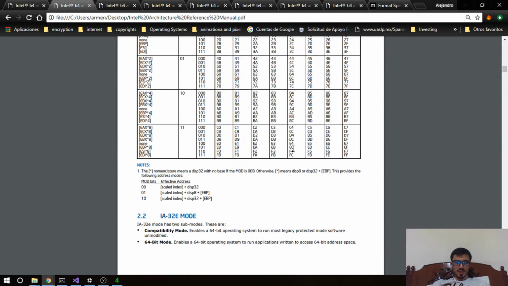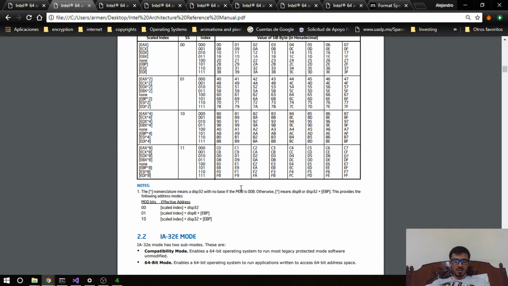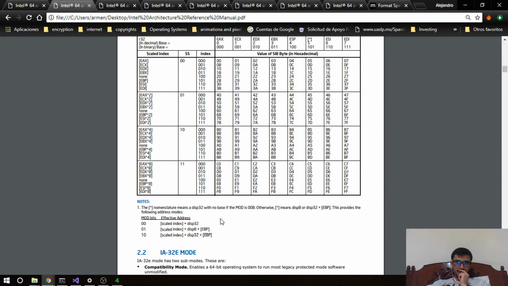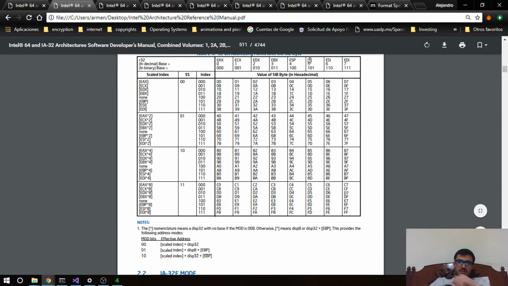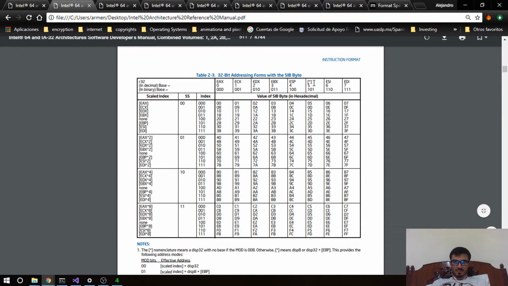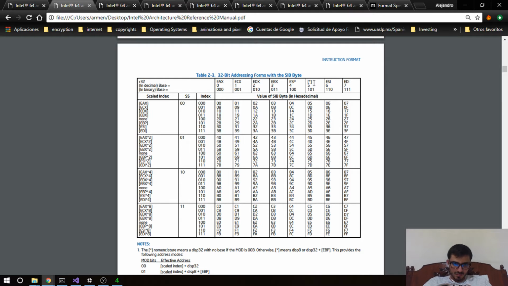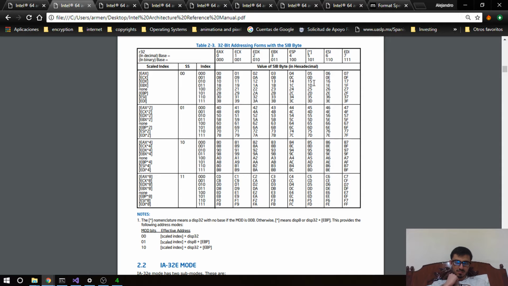So the nomenclature means a displacement with no base if the mod is 00. Otherwise it means this, disp32 plus EBP. We have the following addressing modes: a scale index plus a displacement, or a scale index plus a displacement plus EBP. Okay, so we have to look at the math.